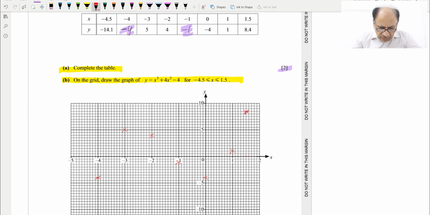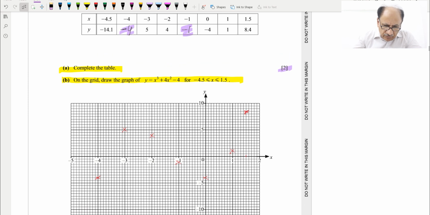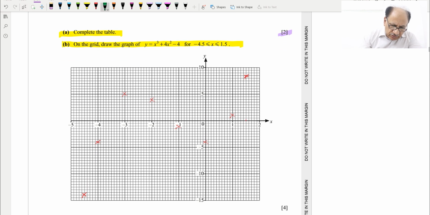After this we need to draw the graph, and we can try to draw a smoother graph like this one. From here till here, we have made it almost smooth.